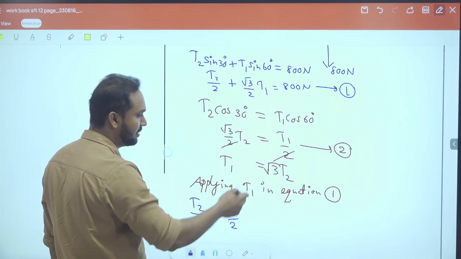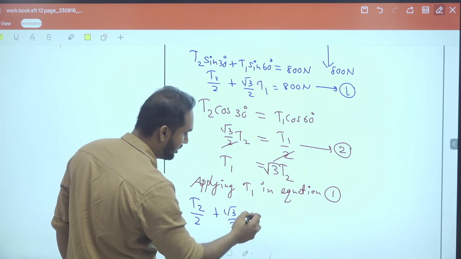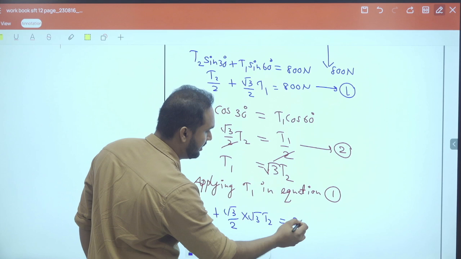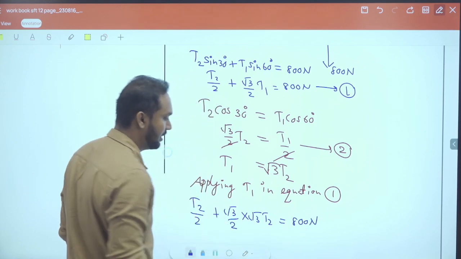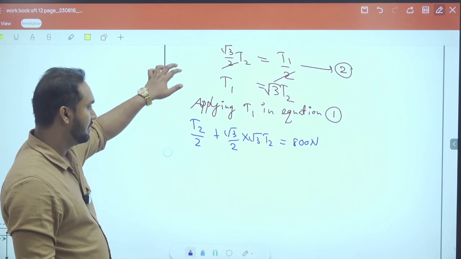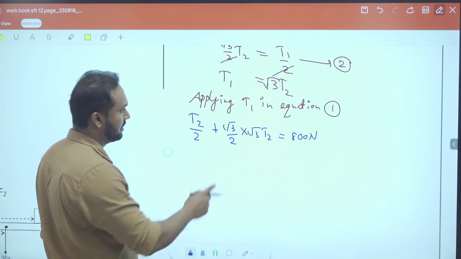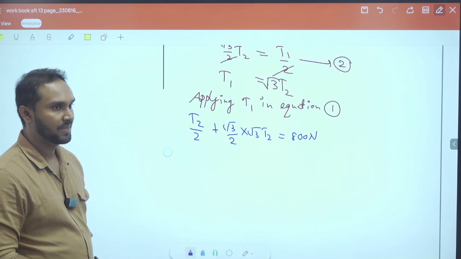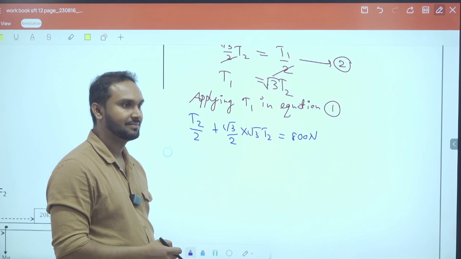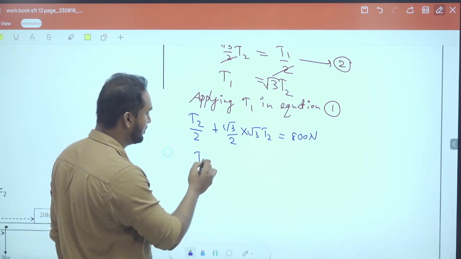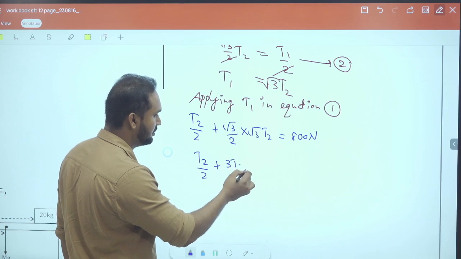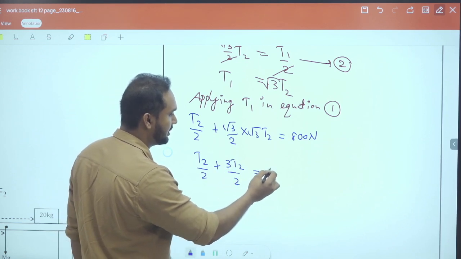Now we are applying root 3 T2 equals 800 newtons, right? So simplify this. Root 3 into root 3 is 3. So T2 over 2 plus 3T2 over 2 equals 800.